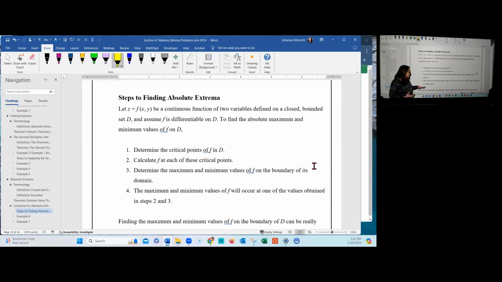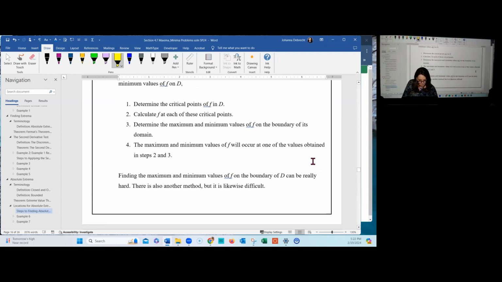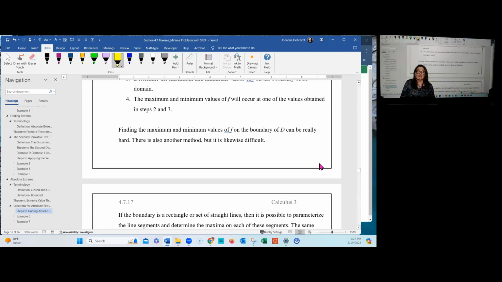Now, finding the maximum and minimum values of the function on the boundary of a region that's closed and bounded can be really challenging and quite difficult. We're going to work through 2 examples in this lecture. There is another method, but it is also difficult, and your course may or may not cover it. In general, it's called the Lagrange multiplier method.